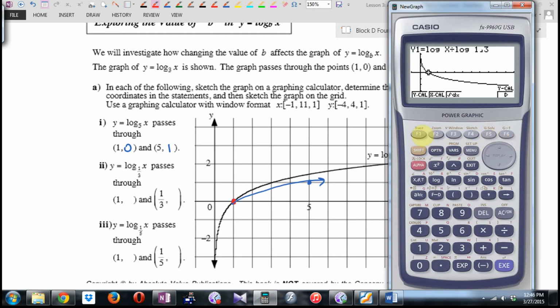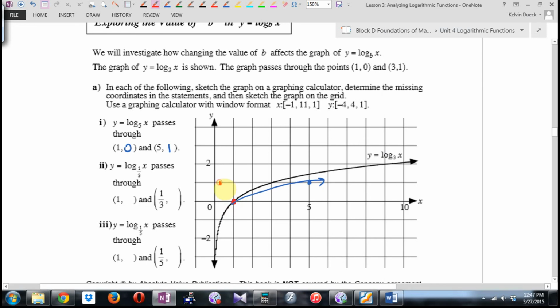G-solve, 1 fraction button 3. When we're 1/3 over, we're 1 high. You know what? Kind of right about there.